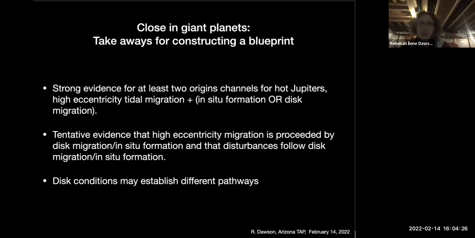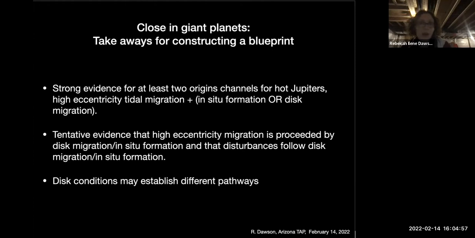And then I showed some tentative evidence that high eccentricity migration might be preceded by disk migration or in situ formation. So we have kind of all of them operating in one system, and there may be disturbances that follow disk migration or in situ formation that sometimes lead to an extreme outcome and sometimes are more of a little jostle.